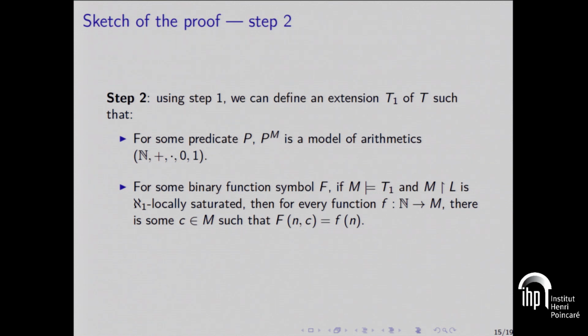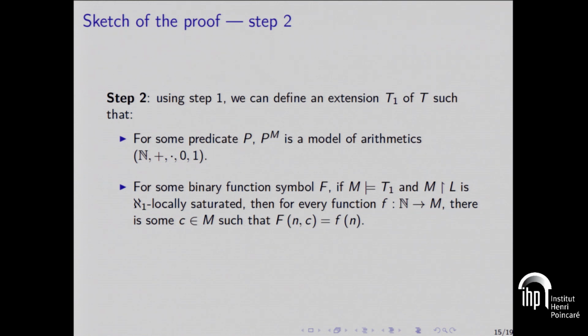So how do we do that? We just look at the tree. Imagine the tree was the model, and C should code the branch. The function says, for n equals 1, I choose this block; for n equals 2, I choose this one. And C would just be the element realizing this branch.